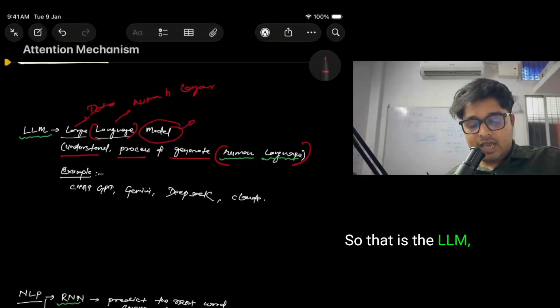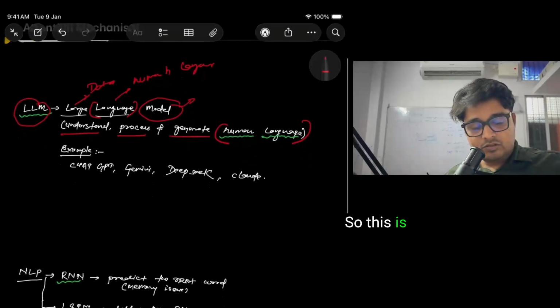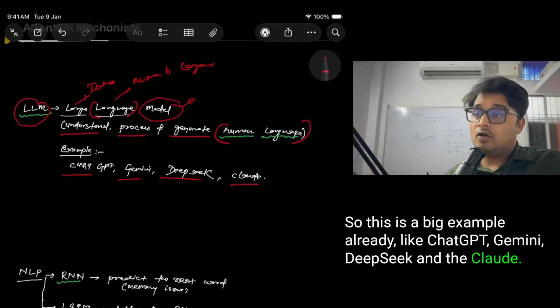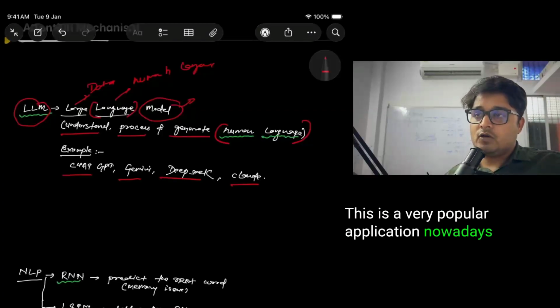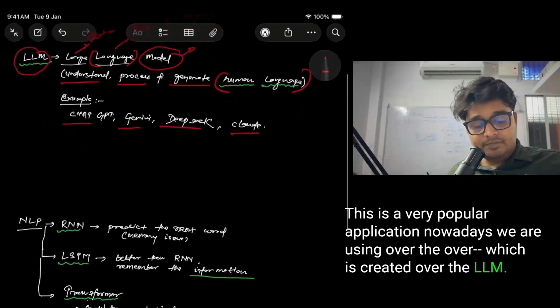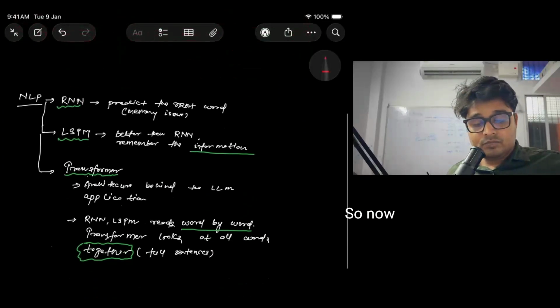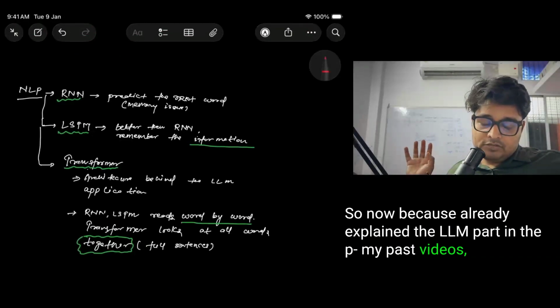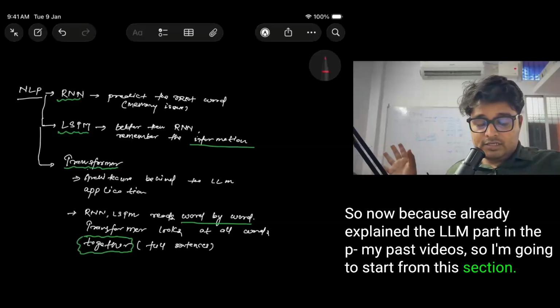That is the LLM, guys. ChatGPT, Gemini, DeepSeek and Claude are popular applications we use nowadays which are created over LLMs. Since I already explained the LLM part in my past videos, I'm going to start from this section.